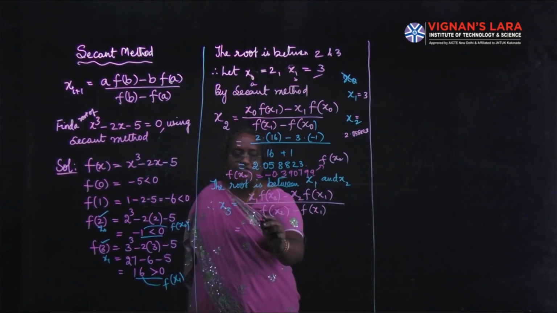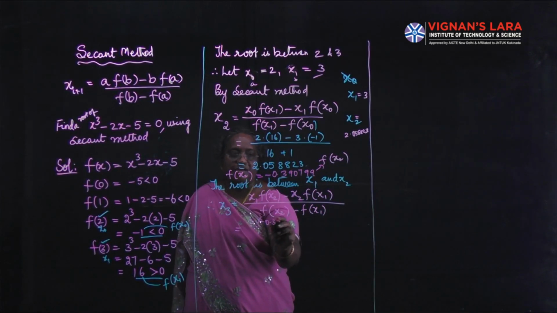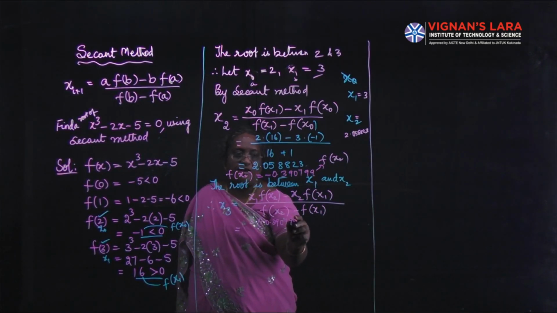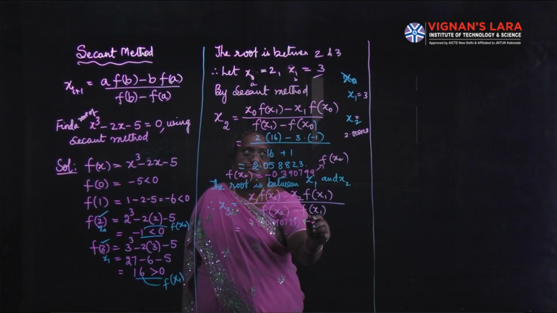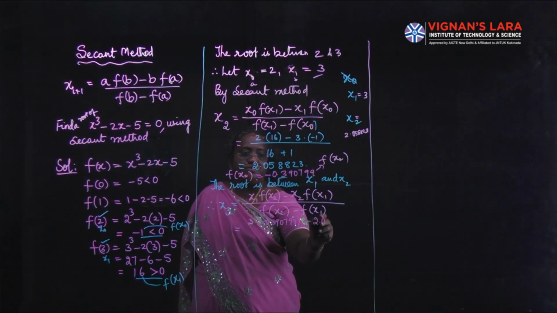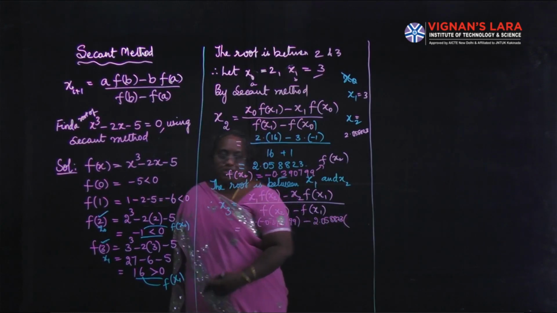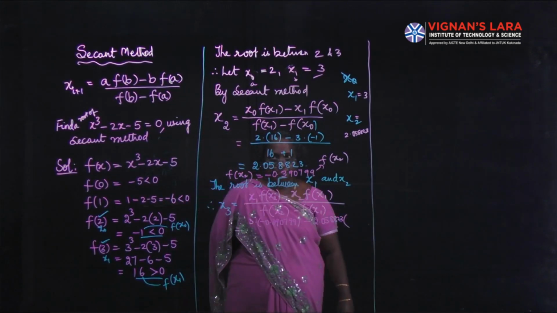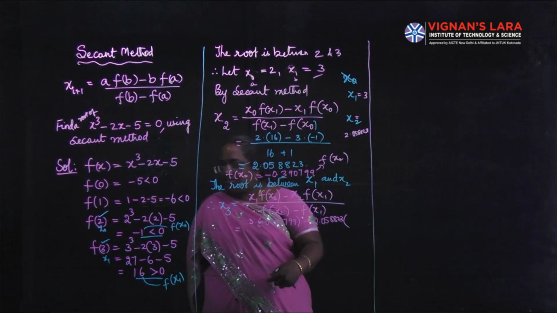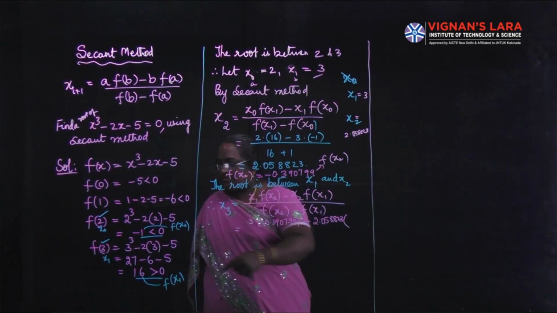So f of x2 is minus 0.390799, minus x2 is 2.058823 into f of x1. What is our f of x1? f of x1 we already have here.